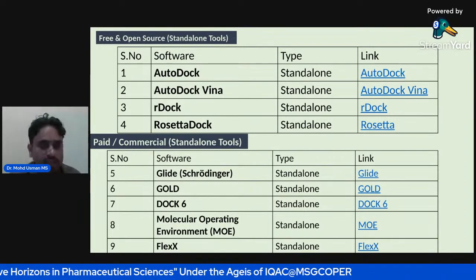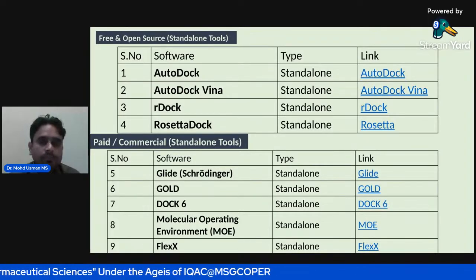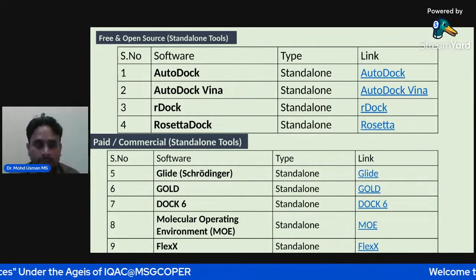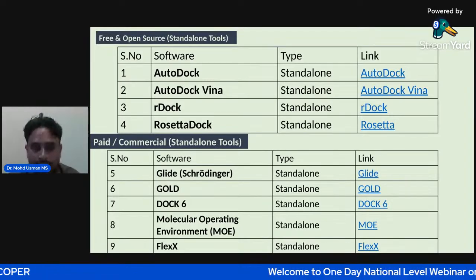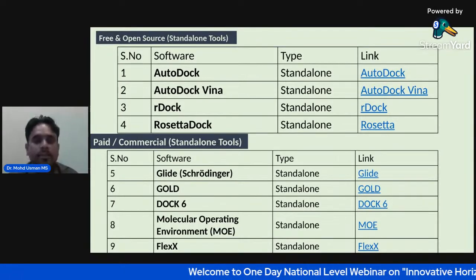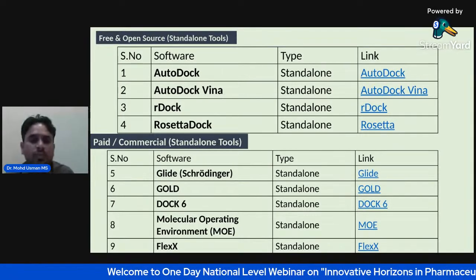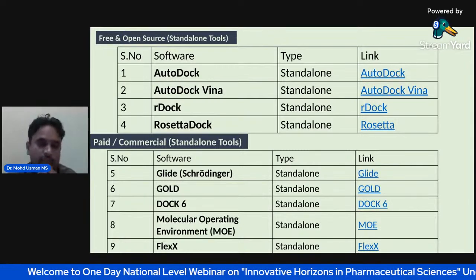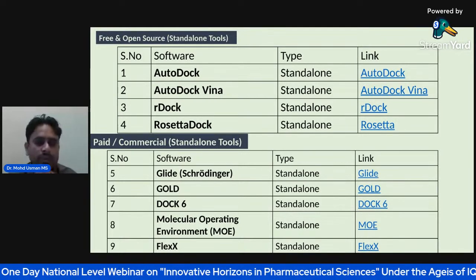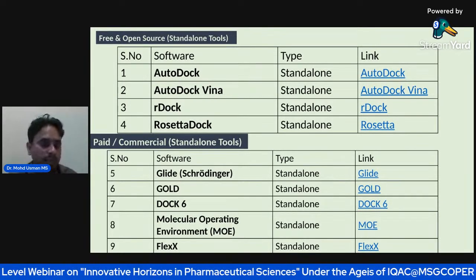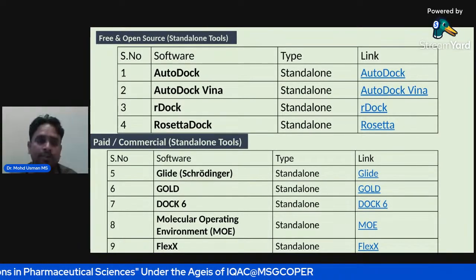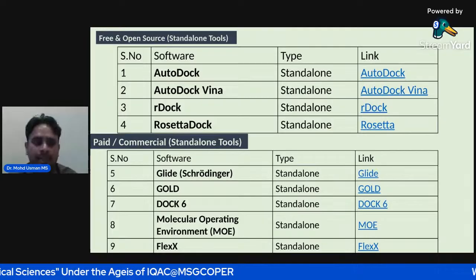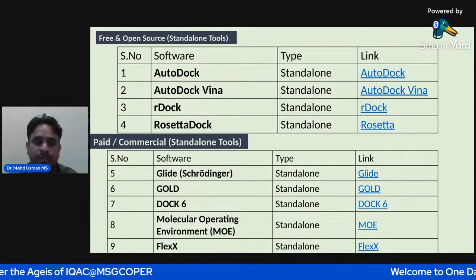But AutoDock or AutoDock Vina requires some other free softwares for visualization. Visualization means you need to draw the diagram, or you need to take the 3D image of your docked complex. So at that time we need Chimera, PyMOL. These two are free visualization softwares.